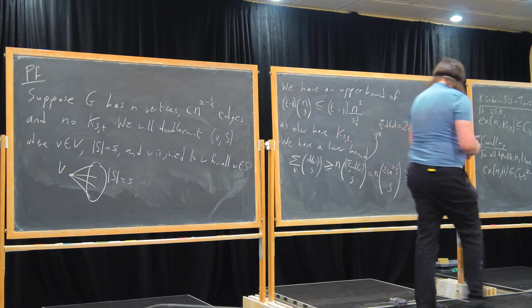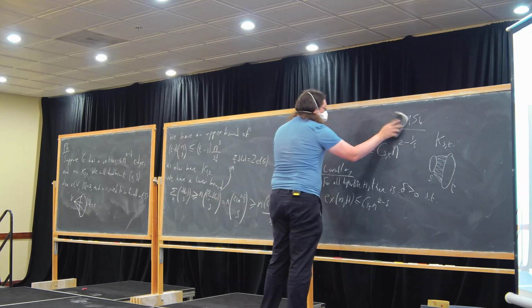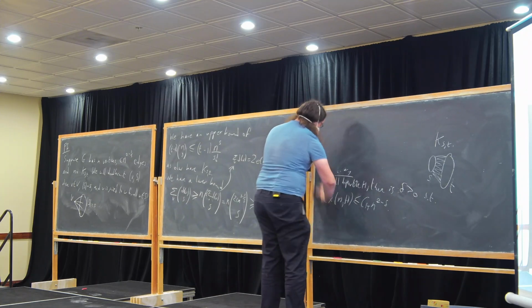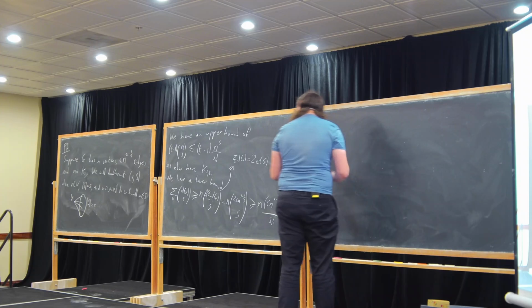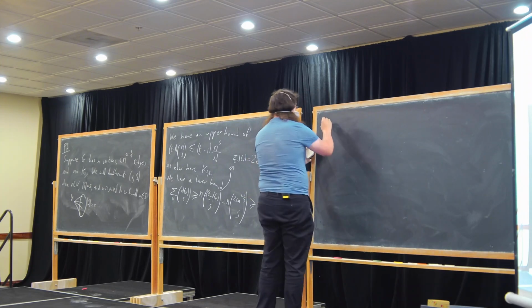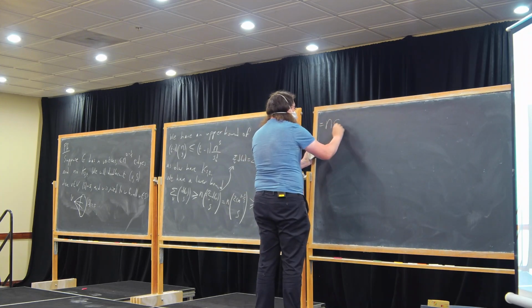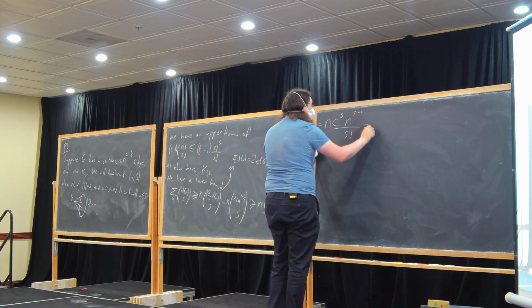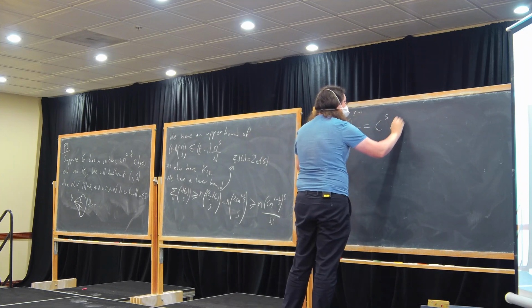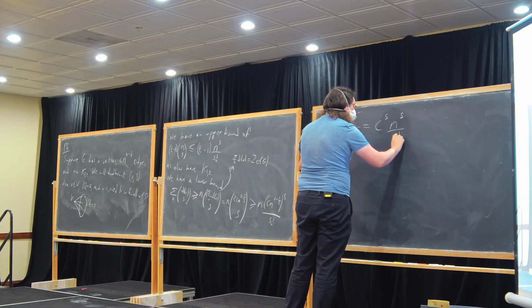Just expanding it out, that is n c to the s, n to the s minus 1 over s factorial, which is c to the s times n to the s over s factorial.